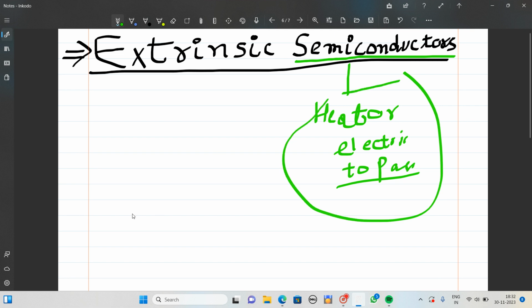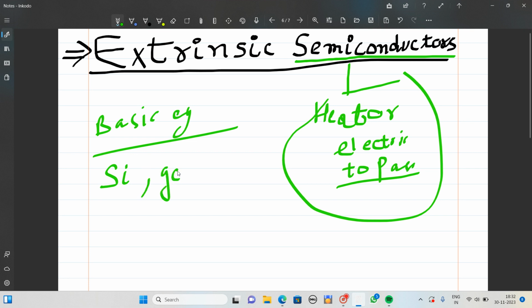Okay, so a basic example of a semiconductor is silicon and germanium.